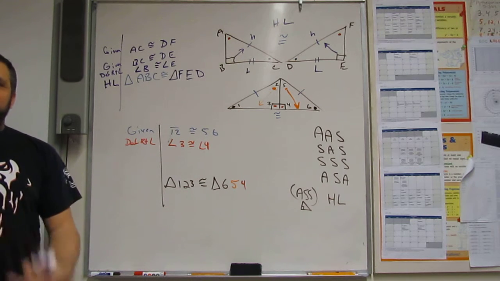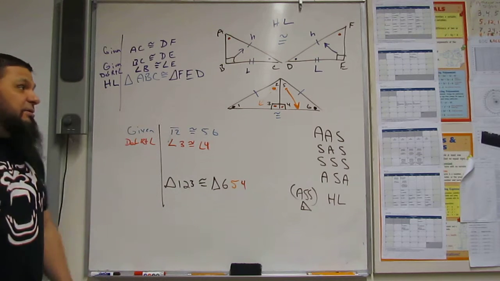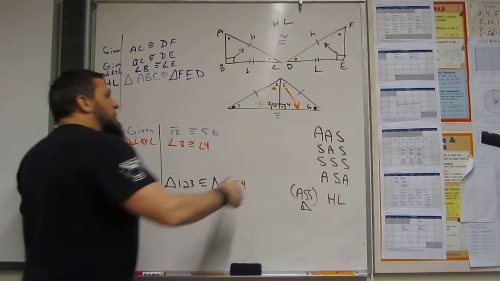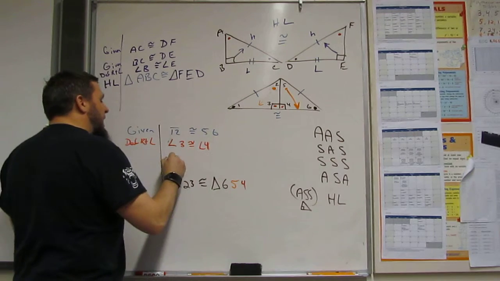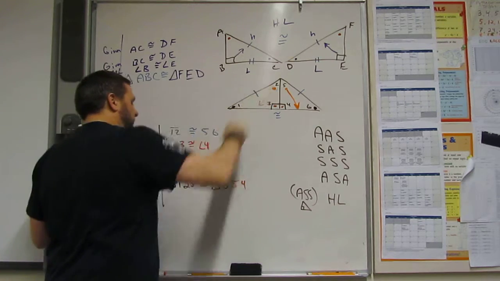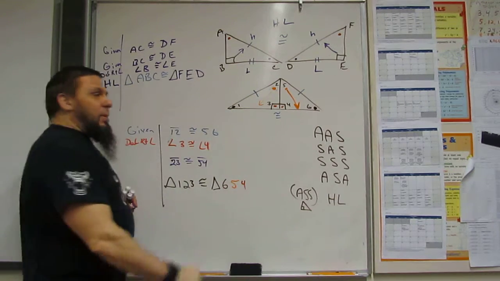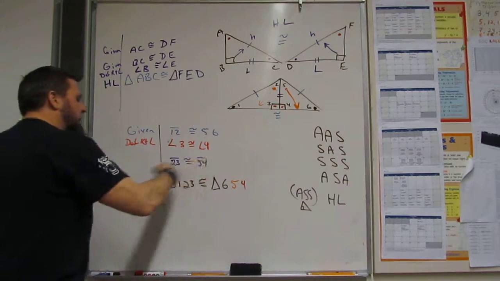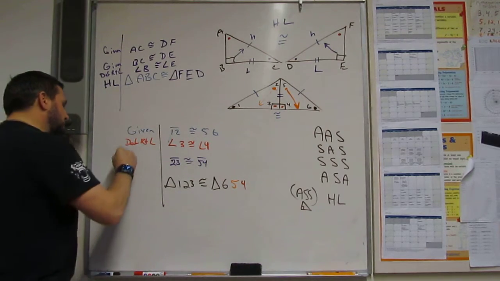Do they share a side? Yeah. What side do they share? 3 to 2 and 4 to 5. Sure. So the side 2 to 3 is shared with 5 to 4, right? Because that has to be the same, and remember, they're the same due to the reflexive property.